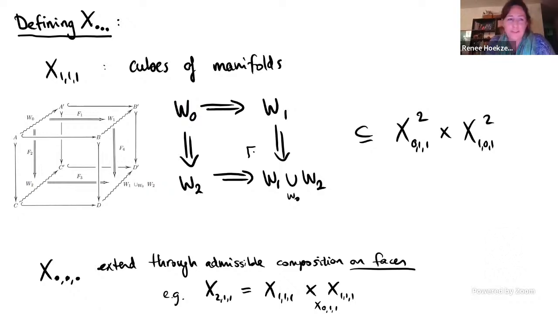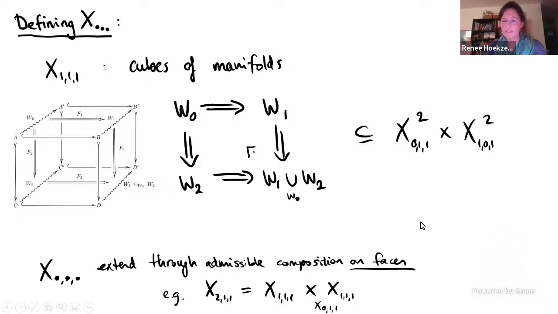Now I'm finally ready to define a cube of manifolds. So this will be a cut and paste square of SK embeddings of cobordisms. I could also visualize it instead of doing based squares on manifolds, now doing based squares on cobordisms. And again, I can give this a subspace topology.